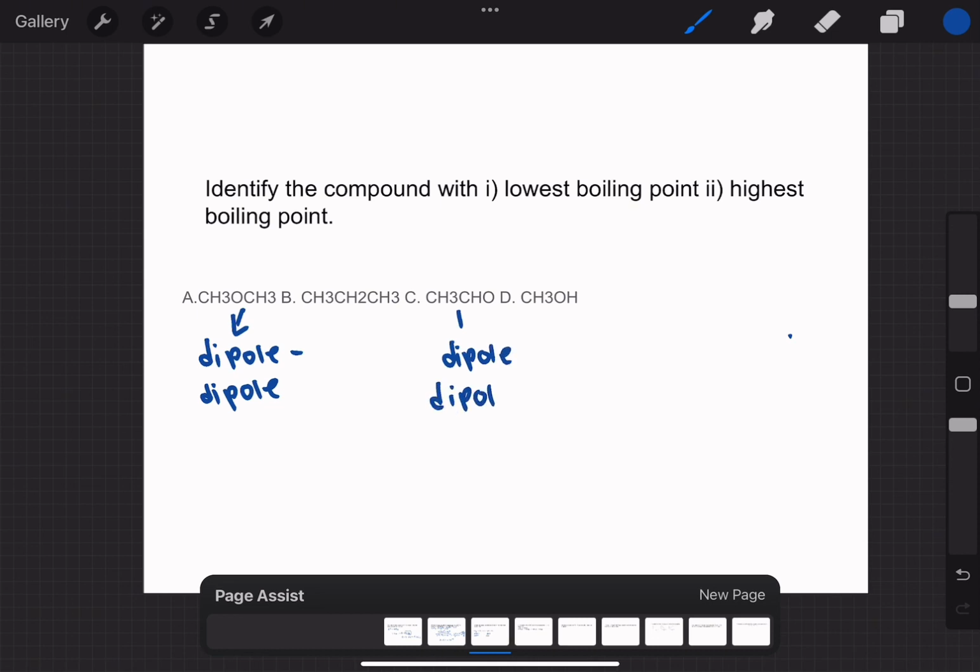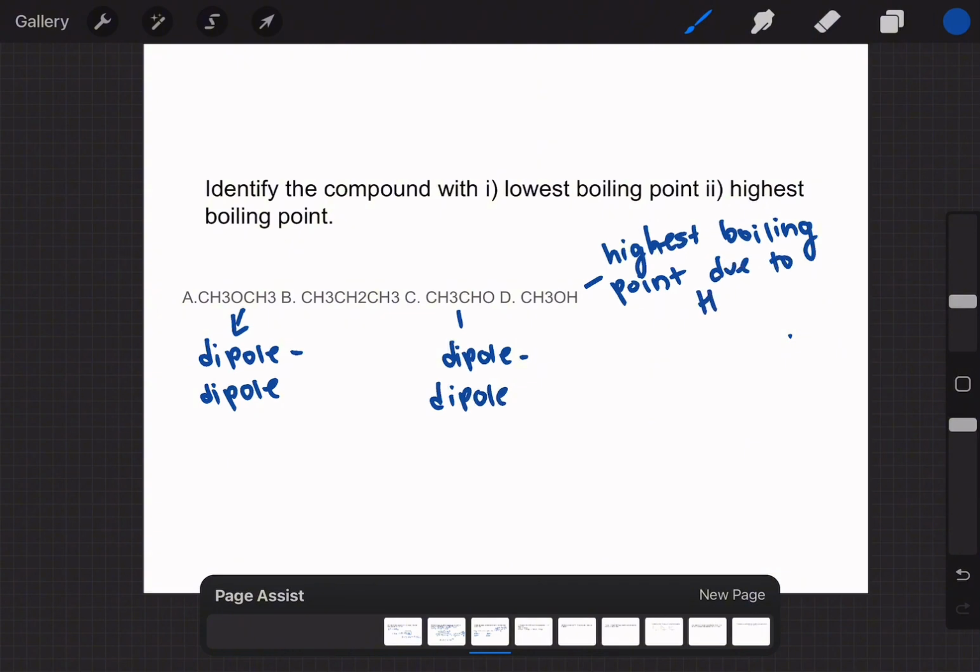Your very last one is going to have the highest temperature due to the H bonds. And that basically leaves your last one to have your lowest boiling point.